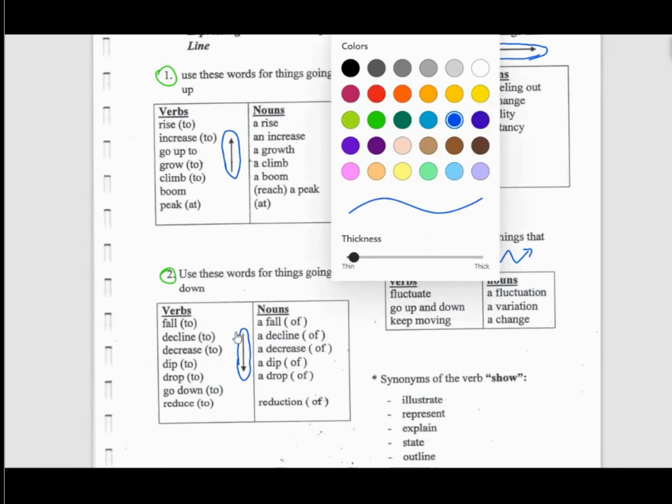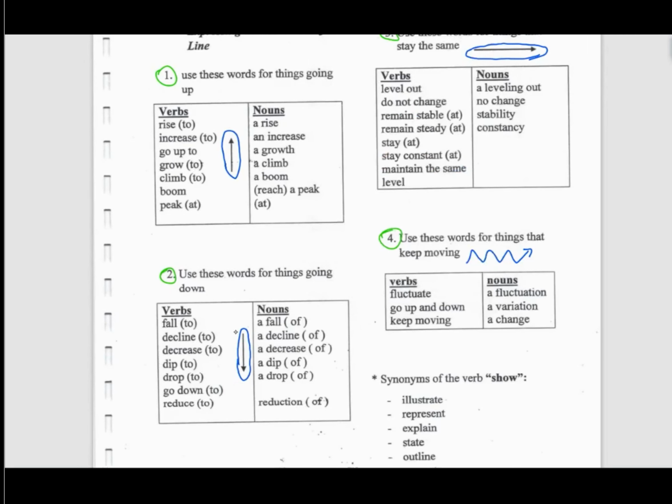So we are going to learn some verbs and nouns. Sometimes you would use the verb form, sometimes the noun form when you write. You don't only use the verb form in all your sentences. That will sound very weak and very repetitive.